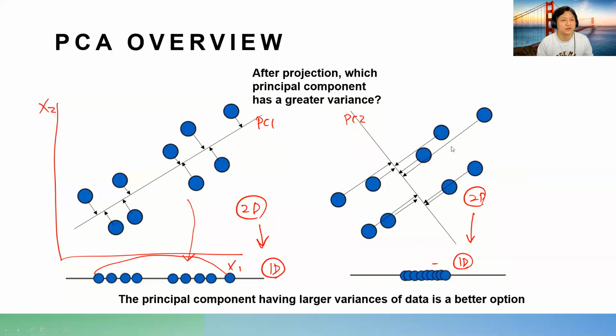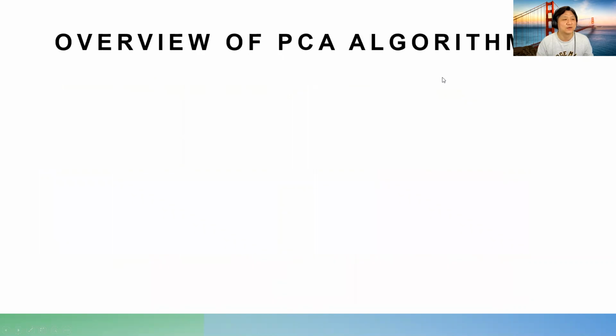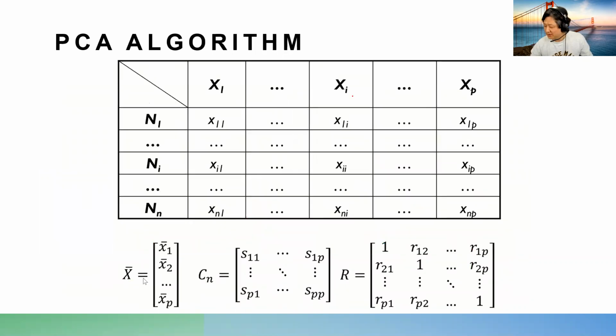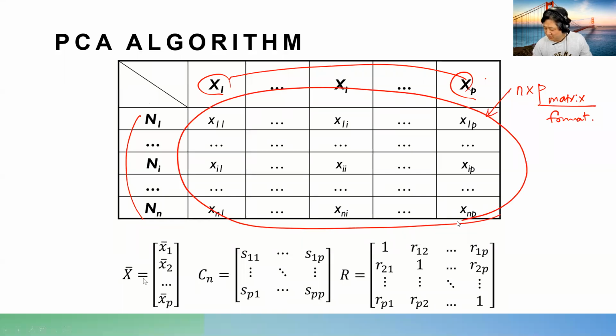So, do you follow me here? Oh, good. Okay, so now we will move on to more mathematical stuff. So this is our P variables, right? This is N sample size. So this is our data, right? So this would be N by P matrix format. And then based on this data set, we can get the mean vector.